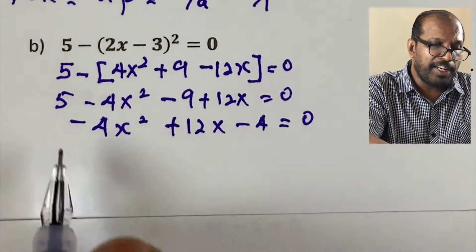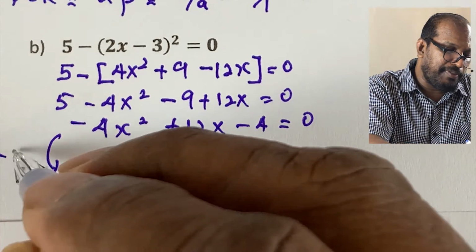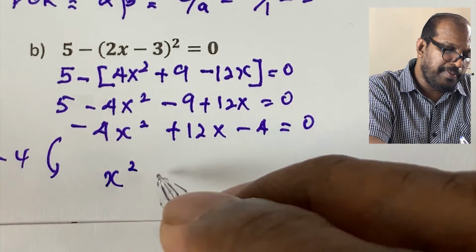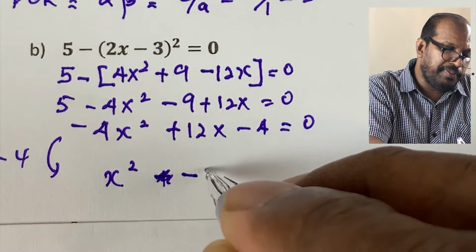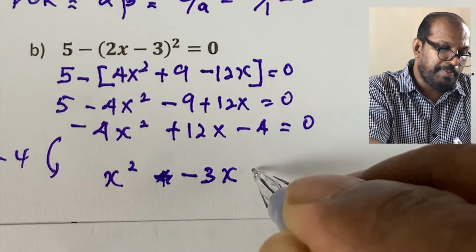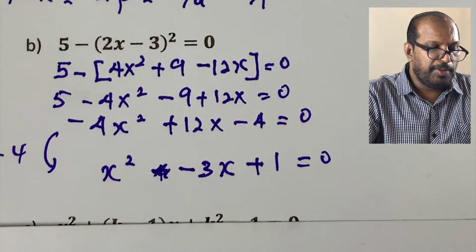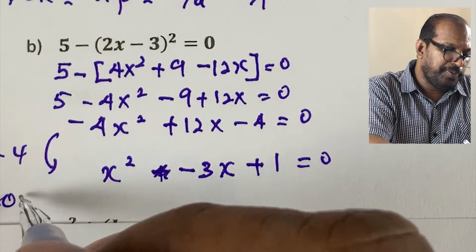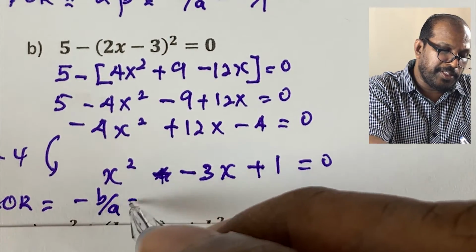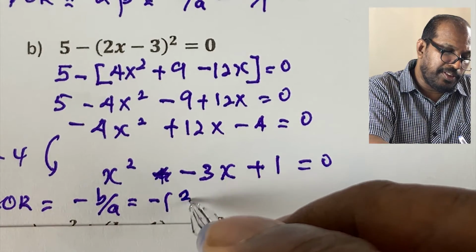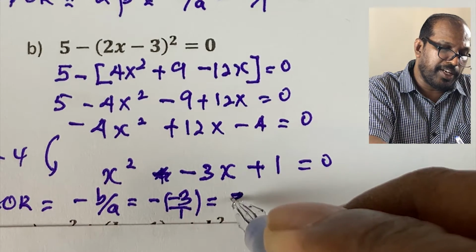Now we can divide everything by negative 4. This will give me x squared minus 3x plus 1 equals 0. Therefore, you'll be getting the sum of the roots equals negative b over a, which equals negative negative 3 over 1, so you get 3.